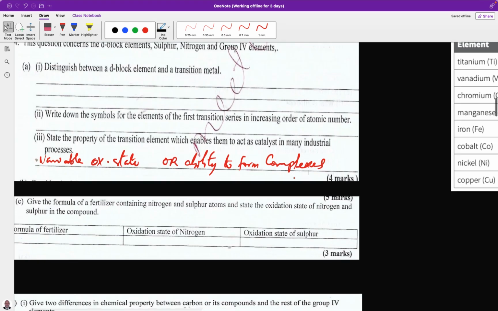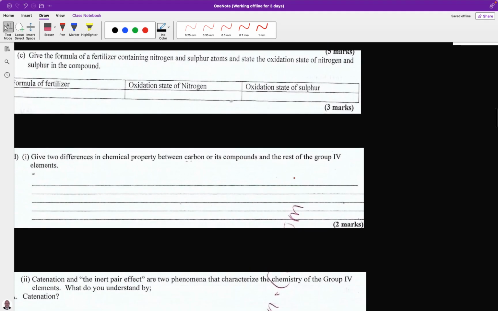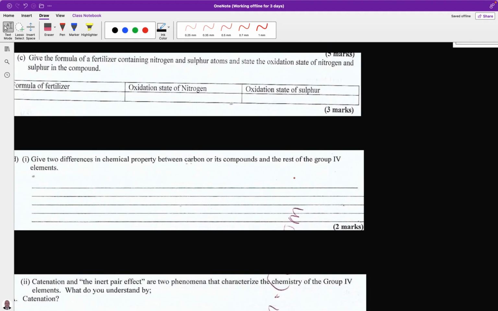So C part, give the formula of a fertilizer containing nitrogen and sulfur atoms, and state the oxidation state of nitrogen and sulfur in the compound.